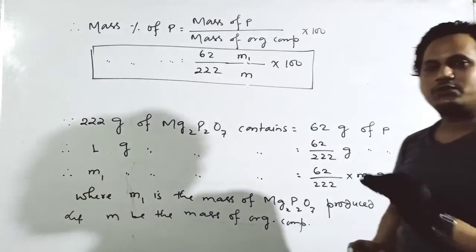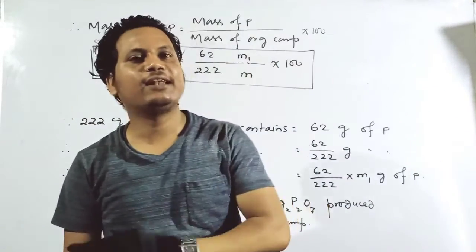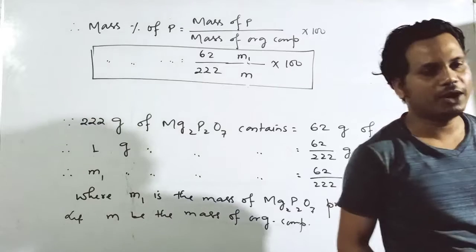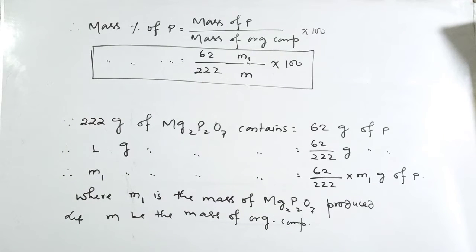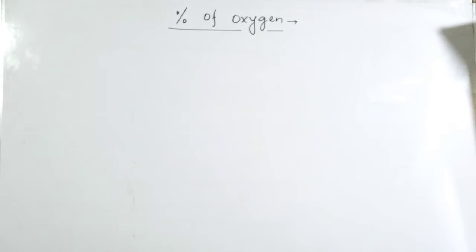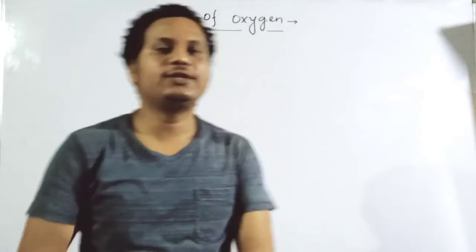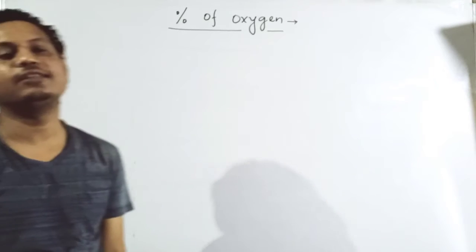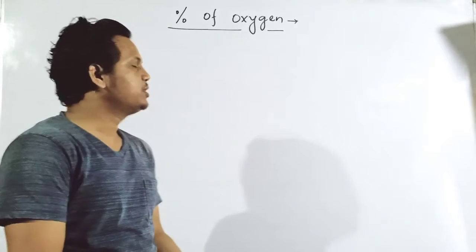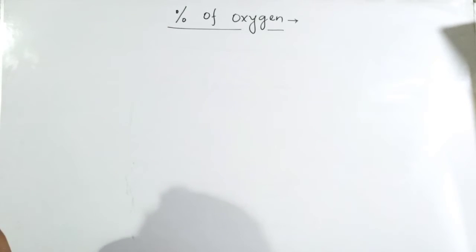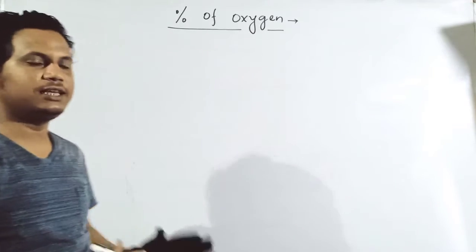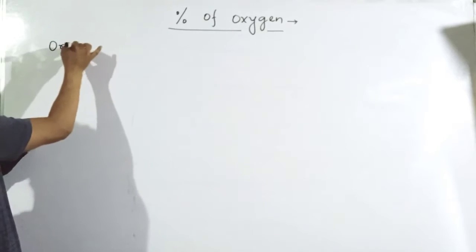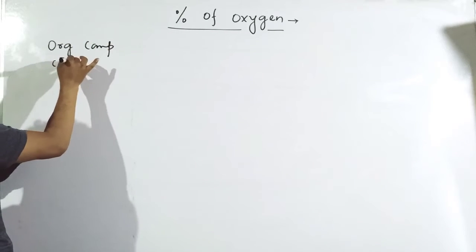Next, we will discuss how we can calculate the percentage of oxygen in the given organic compound. Just as we discussed how to calculate the percentage of phosphorus, first we take an organic compound containing oxygen.